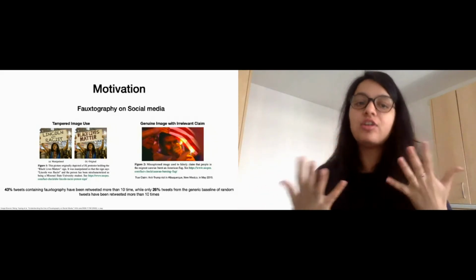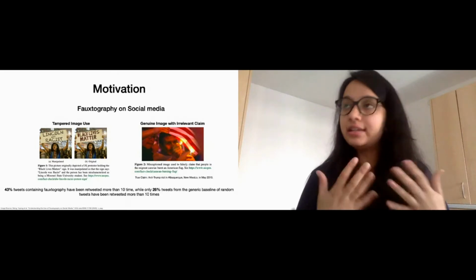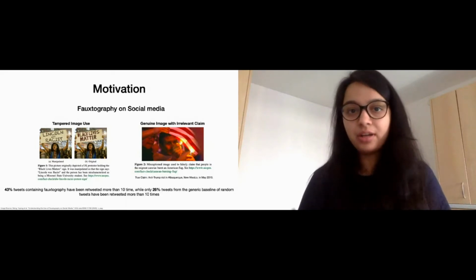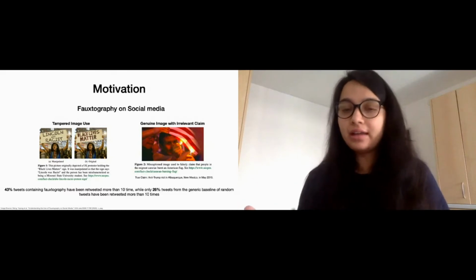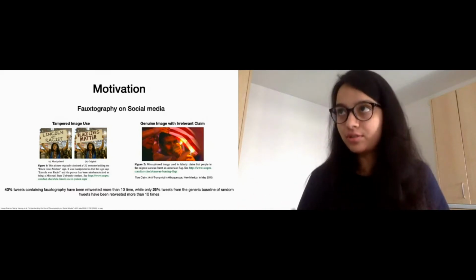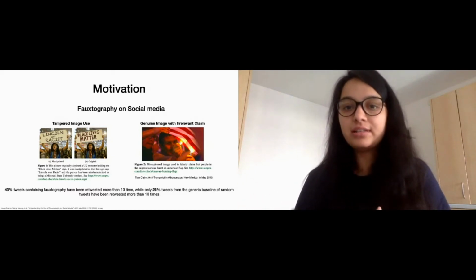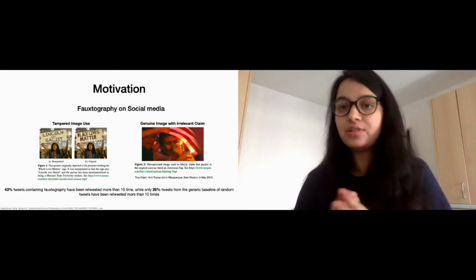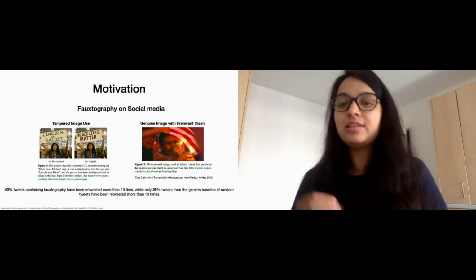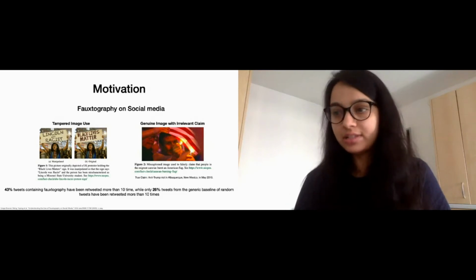There are a lot of methods, tools and techniques that detect this kind of image tampering. So this is not the focus of our task. What we are interested in is the second image that you see on the right, which is the genuine image with irrelevant claim.